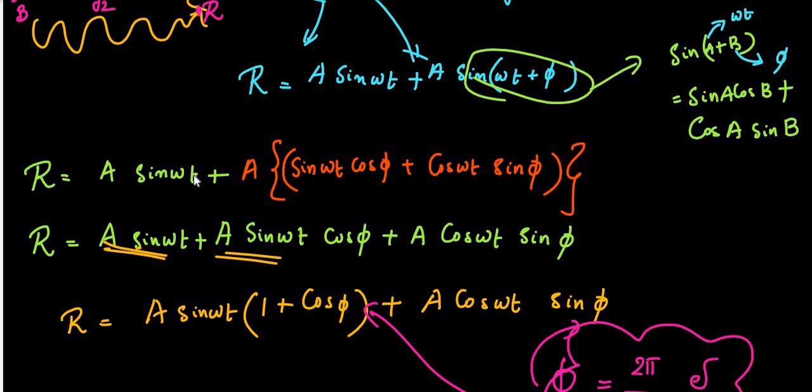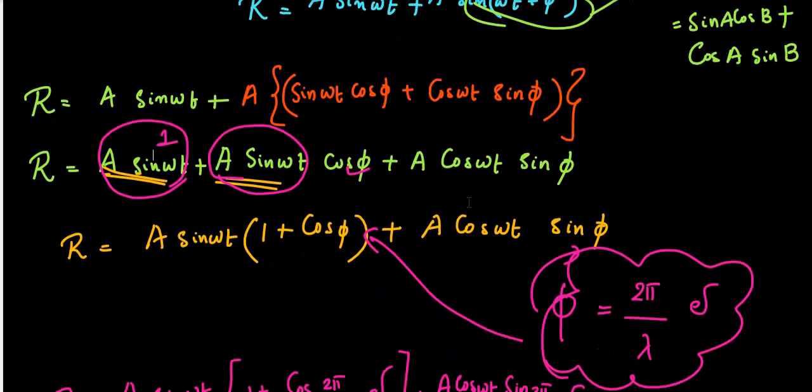Expanding again, we get A sin omega t plus A sin omega t cos phi plus A cos omega t sin phi. Here we have A sin omega t twice, so taking the common term outside, the resultant displacement is A sin omega t into (1 plus cos phi) plus A cos omega t sin phi.